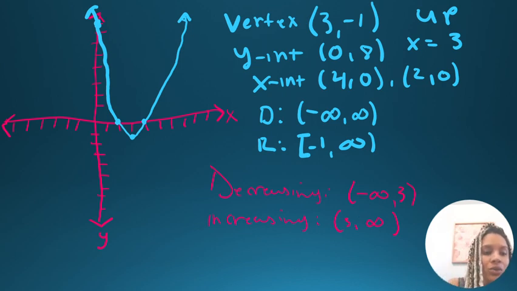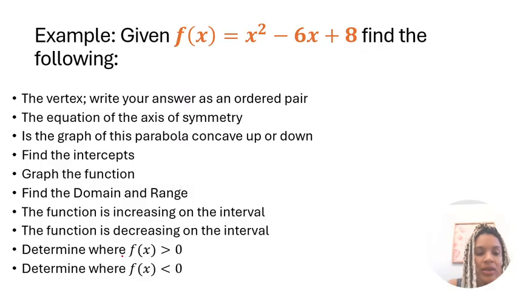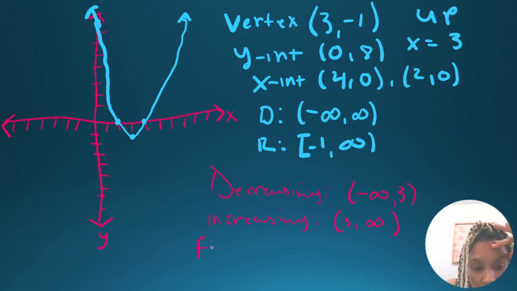Okay, the next question is where is the function greater than 0, and where is the function less than 0? So f(x) is greater than 0 where the y's are positive, everything above the x-axis.